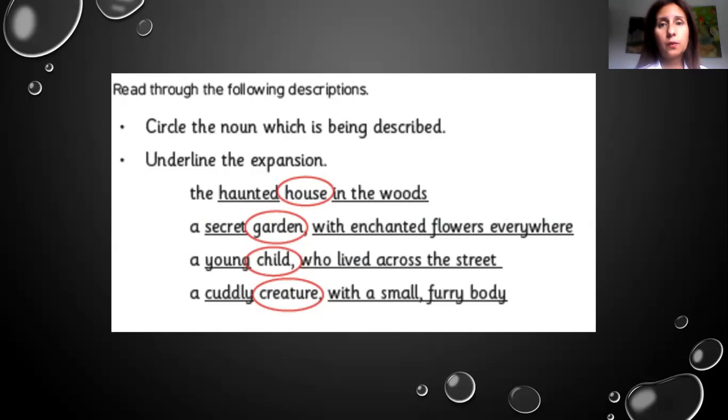Who lives across the street is a relative clause there. As you can see, you have not only adverbial phrases, but also a relative clause as post-modifier of a noun, of a head as the most important one.